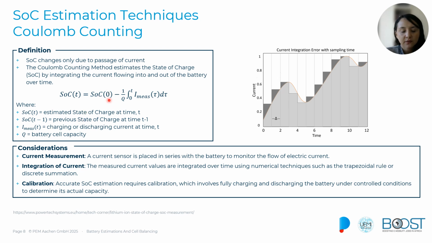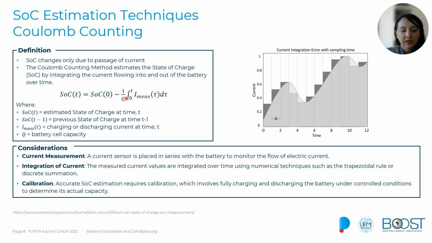To the initial state of charge we then subtract 1 divided by the battery capacity multiplied by this integral. This 1 divided by the battery capacity, which is represented by the letter Q, is a term that we use in order to have the charge flow normalized relative to the full capacity of our battery. So Q is a constant, and this represents the fuel capacity of the battery pack when it is new.